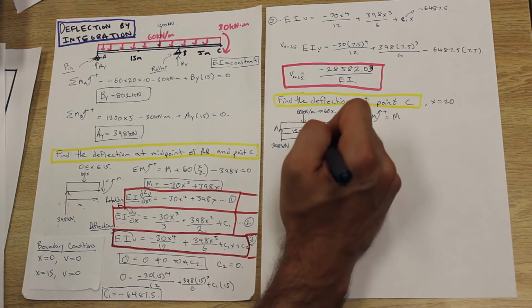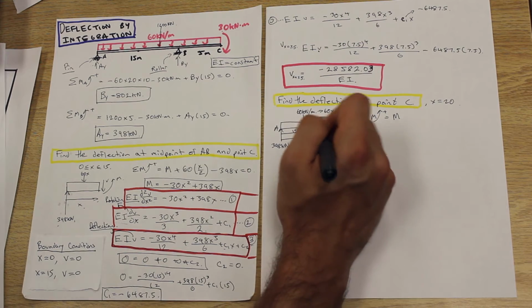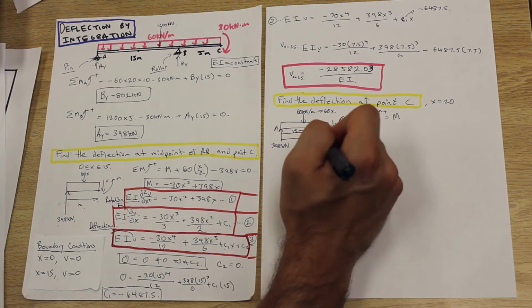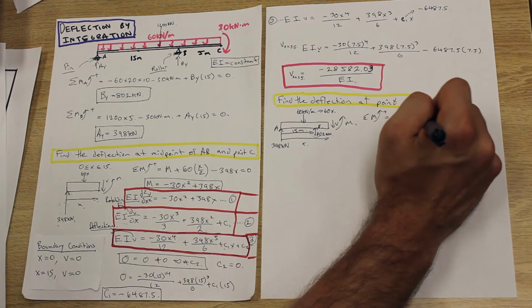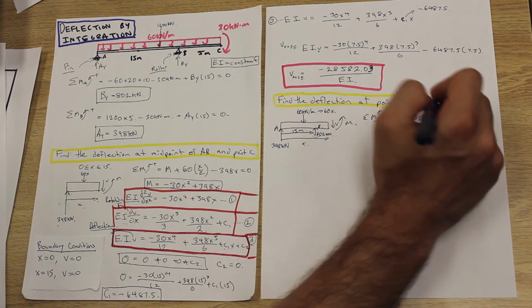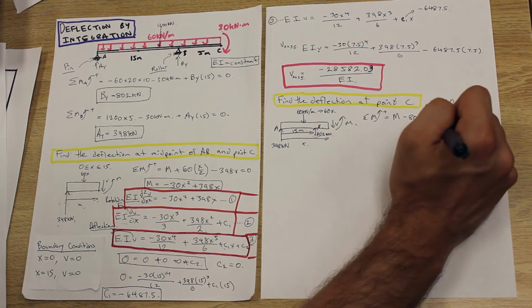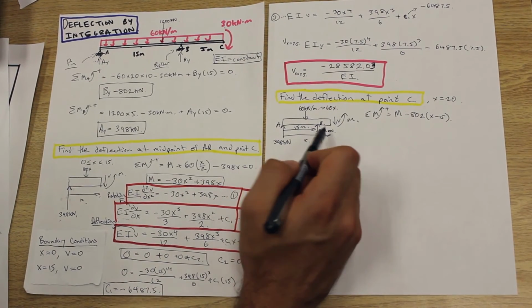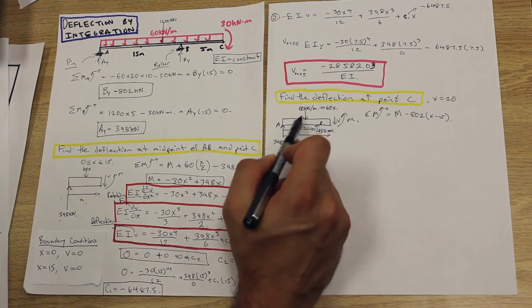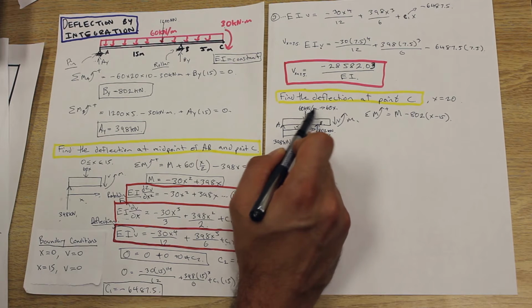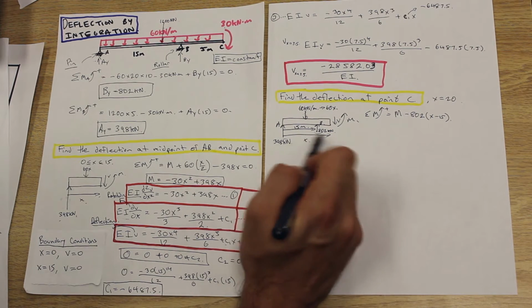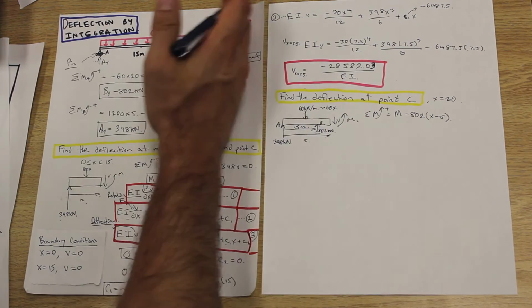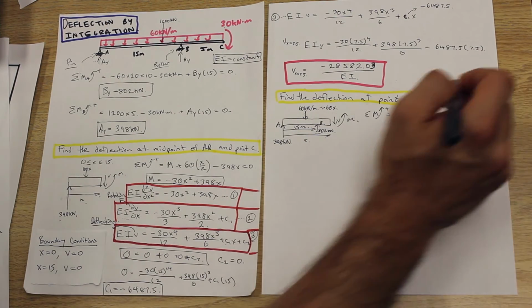So what direction is this traveling? Well, this moment is oriented in, it is negative. So let's say that this is an 802 kilonewton moment times x minus 15. Now let's take a look at the 60x, the 60 kilonewton per meter load we have here. The distance is the same because it's across the whole beam, and that is in the positive direction.